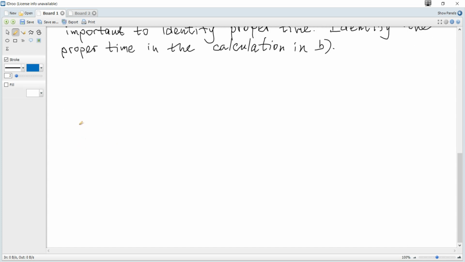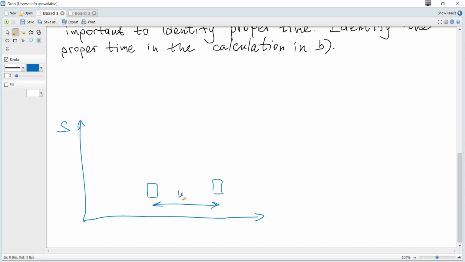There is the Earth, or stationary, or laboratory reference frame in which there are two detectors, and notice that they are stationary relative to the Earth reference frame, and the distance is given, it's 45 meters in this Earth reference frame.